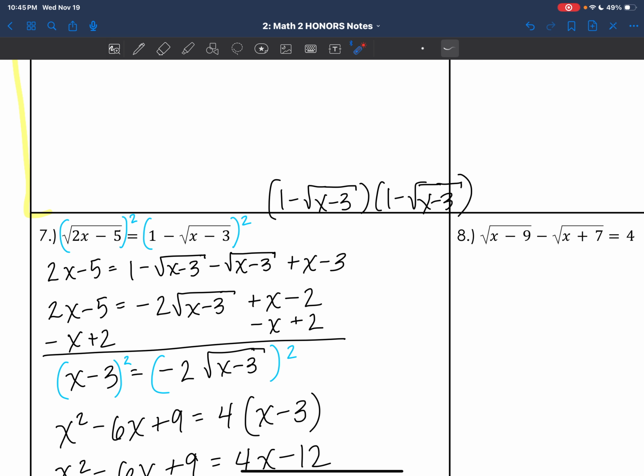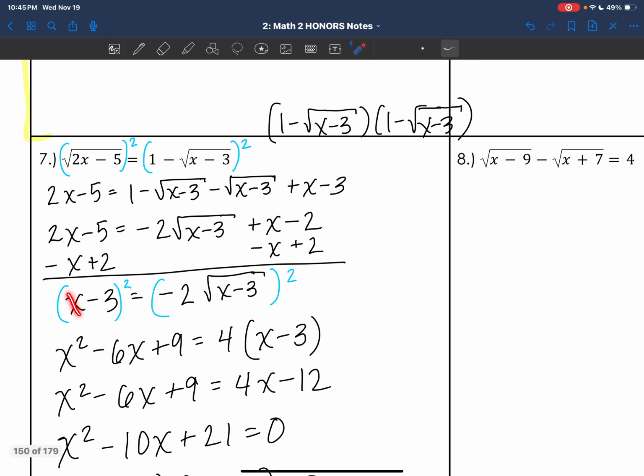All right, so now we're going to try to isolate this radical by moving everything else over. So I'm going to move these two over to that side by subtracting x and adding 2. And then those cancel out. So now I've got x minus 3 equals negative 2 root x minus 3.